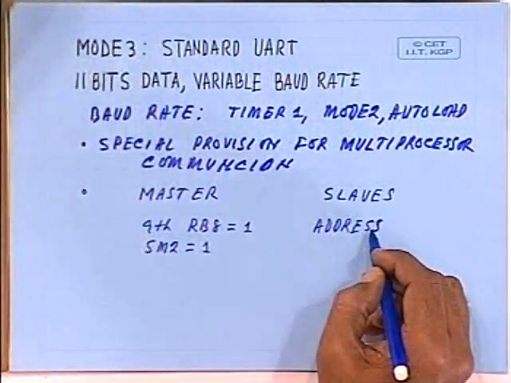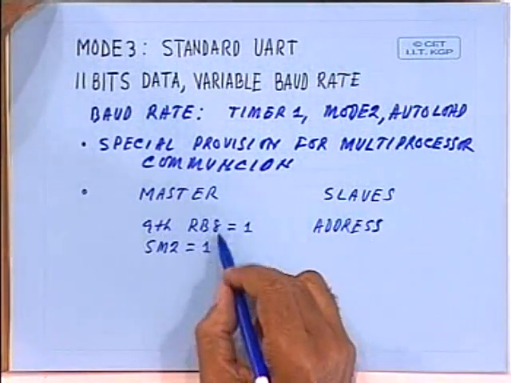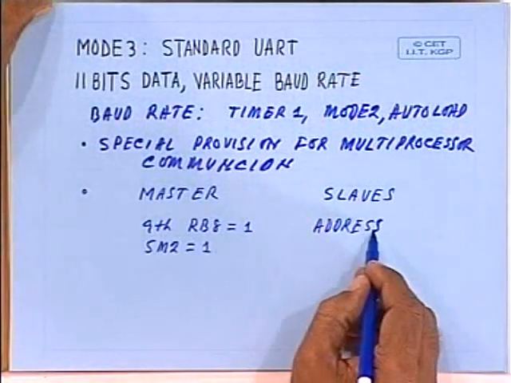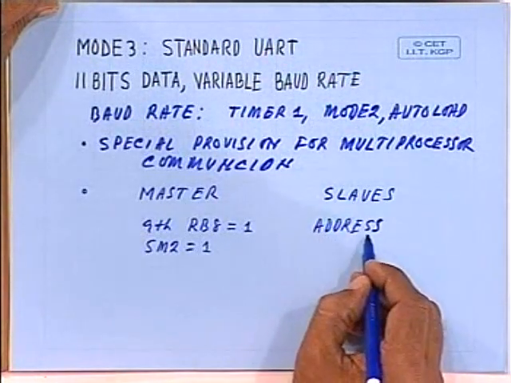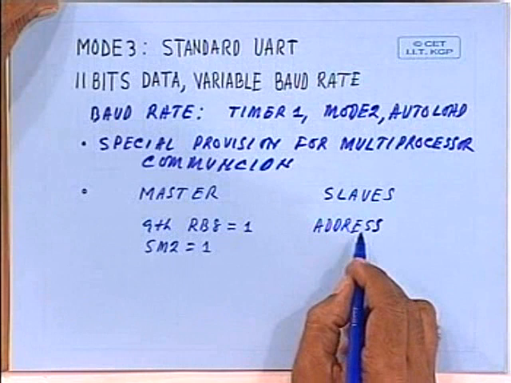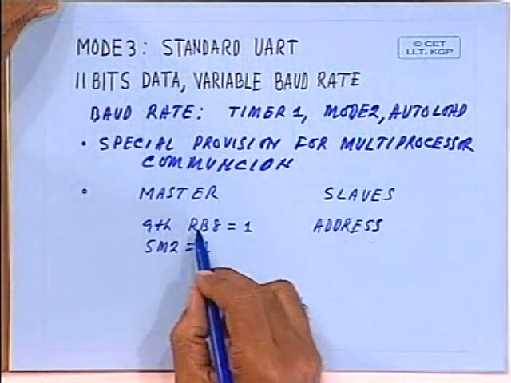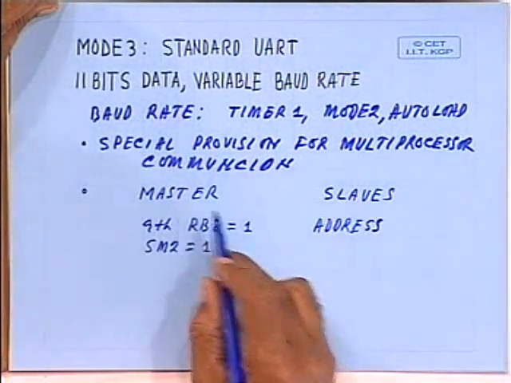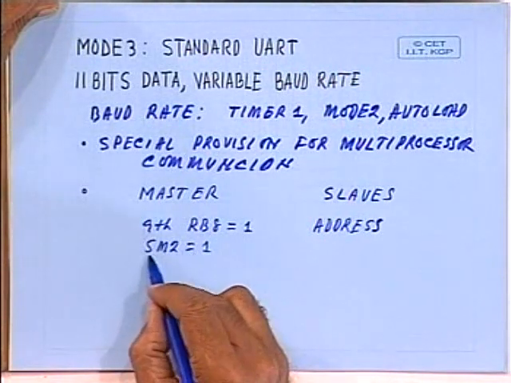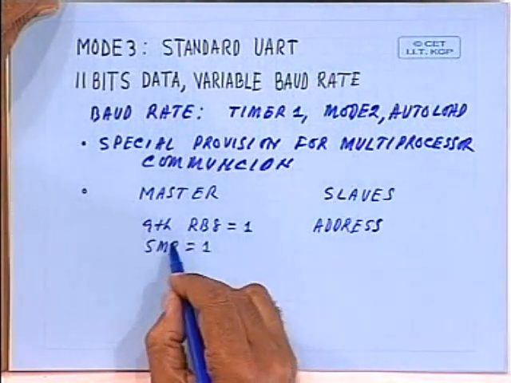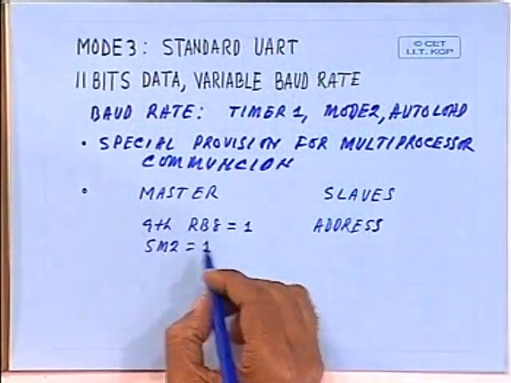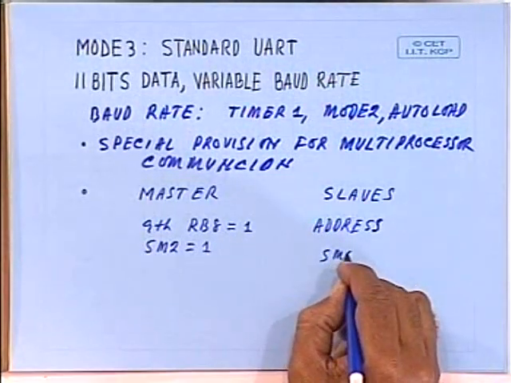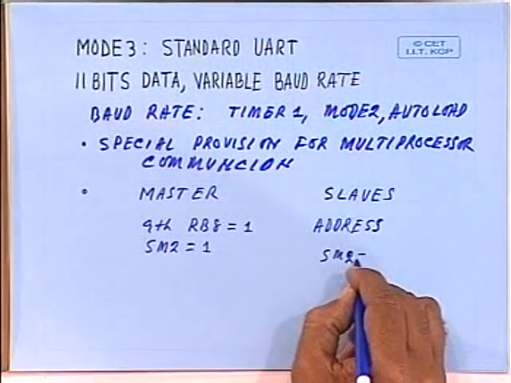That means the 8-bit data that you are sending in the first case is essentially the address. Now what the slaves do after receiving the address: all the slaves with which the master wants to communicate will retain that SM2 bit, will make that SM2 bit 0, that is, they will disable the SM2 bit. All other slaves will keep the SM2 bit.